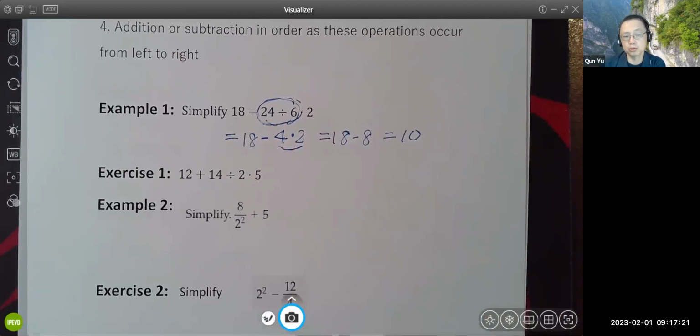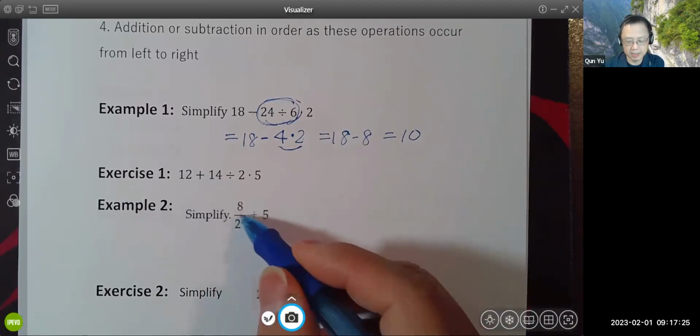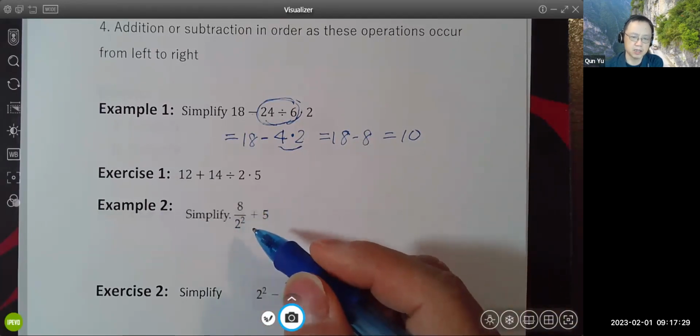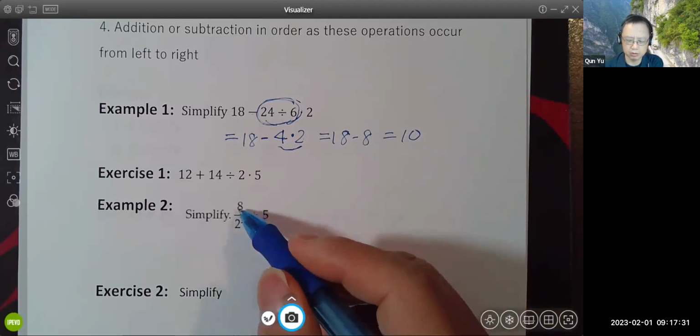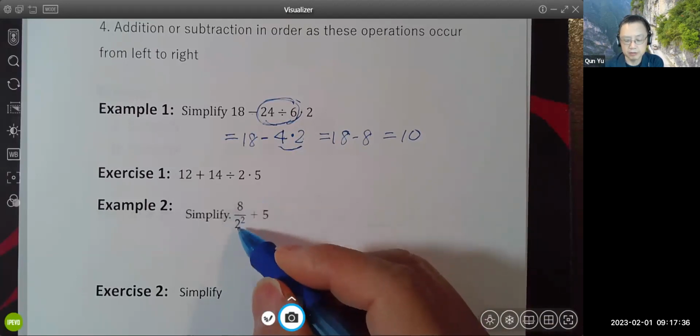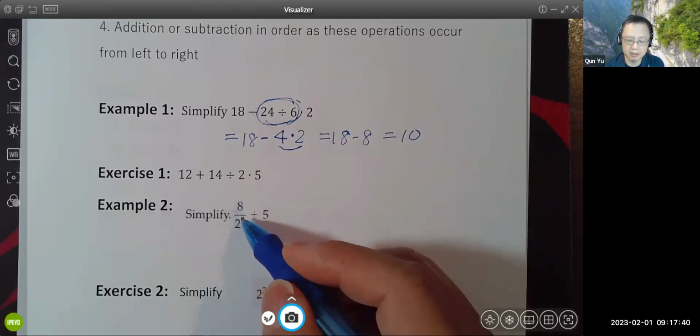Now in example 2, we have a plus, and we have a fraction bar. The fraction bar is also called the division bar. So we're going to do division, but before we do division, remember that division is only between 2 numbers, one on the top and one on the bottom.